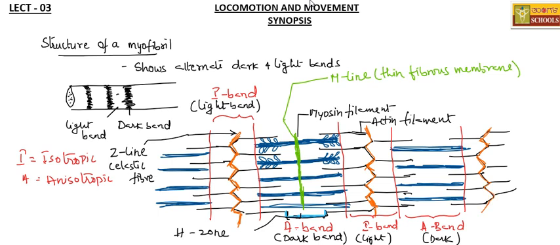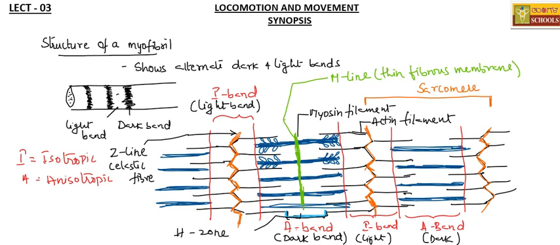From one Z line to another Z line is what we call a sarcomere. This is the functional unit of contraction.